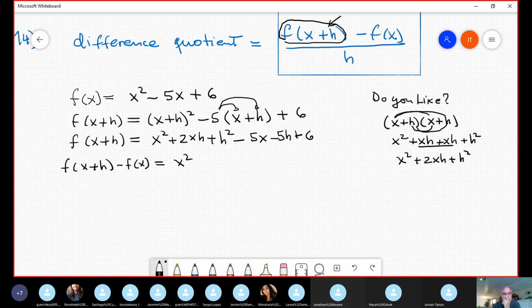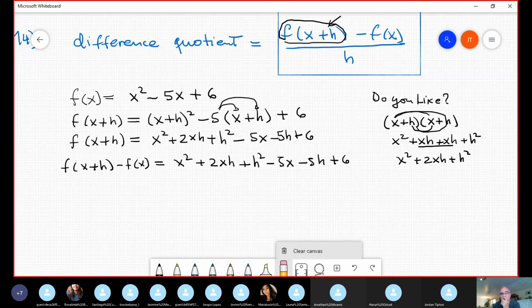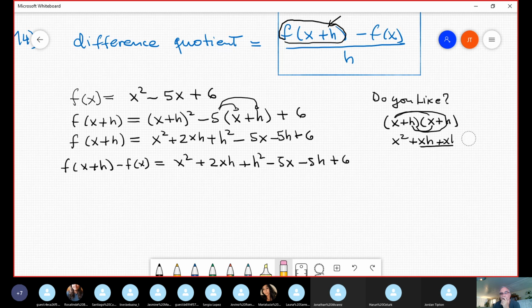Okay, it's x squared plus 2xh plus h squared minus 5x. I copy exactly the same thing. Then you are subtracting the original. When you're subtracting the original, this is the original.